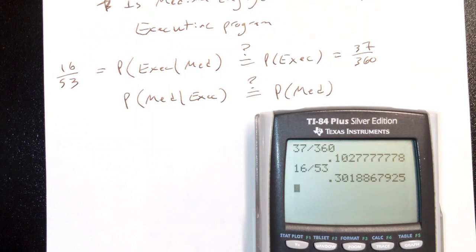Sorry, the other way around. The number on the right is 0.10, and the number on the left is 0.30. Those are definitely not equal. If they're not equal, these are not independent.